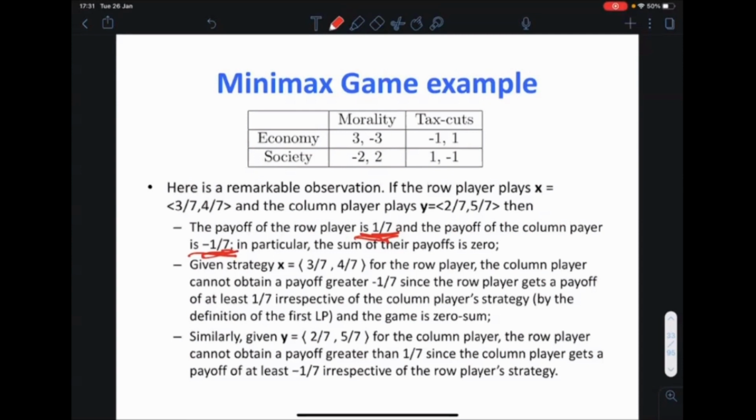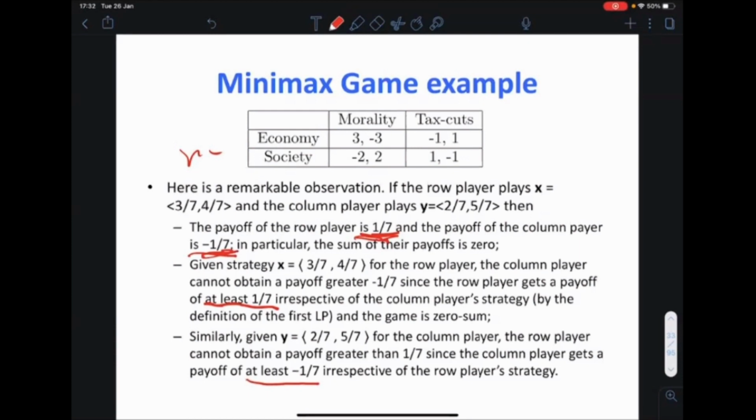And then you can look at strategy x, from the row player's perspective: no matter what the column player plays, you would get at least 1 out of 7 reward. Equally, you can look from the y perspective: no matter what the row player plays, they would always get a payoff of at least minus 1 out of 7.